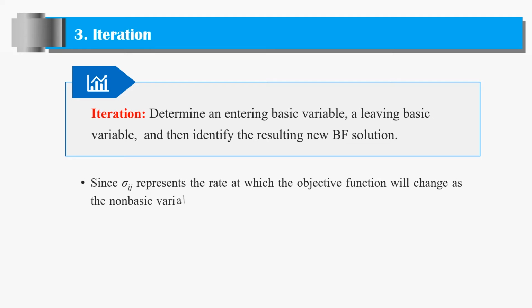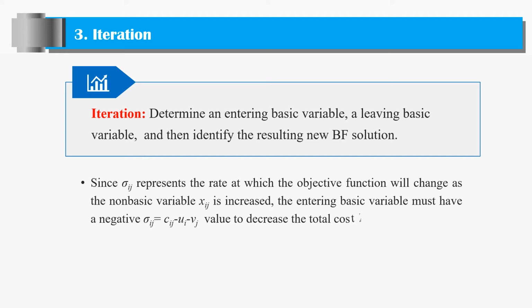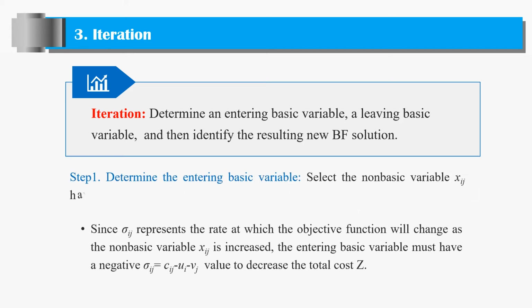Since sigma ij represents the rate at which the objective function will change as the non-basic variable xij is increased, the entering basic variable must have a negative value to decrease the total cost Z. So the iteration begins by determining the entering basic variable. We select the non-basic variable xij that has the largest sigma ij in absolute terms.